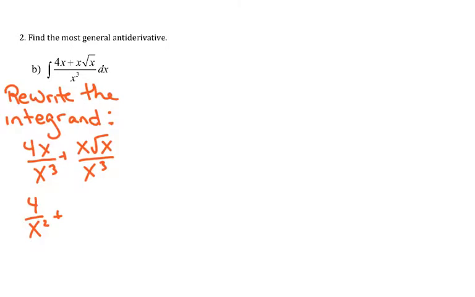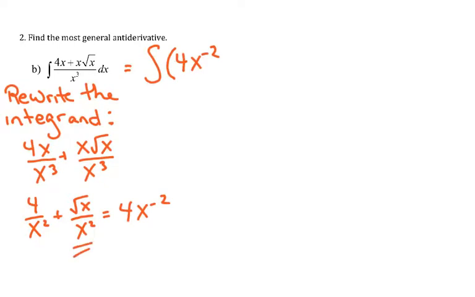The second one, well, maybe that looks a little confusing, but definitely I can cancel one of those x's. I still need to be able to rewrite this because I have 4x to the negative 2. That's good. I can put that up here. I know how to find that antiderivative.